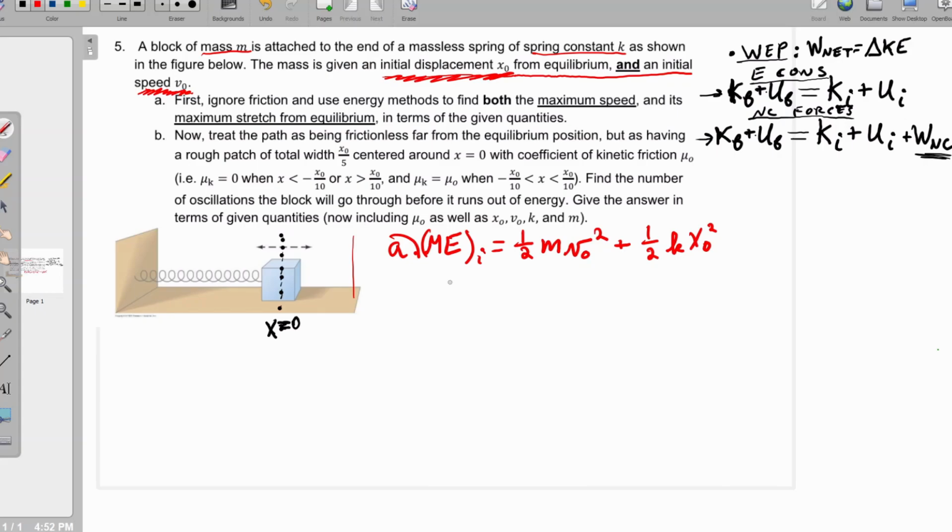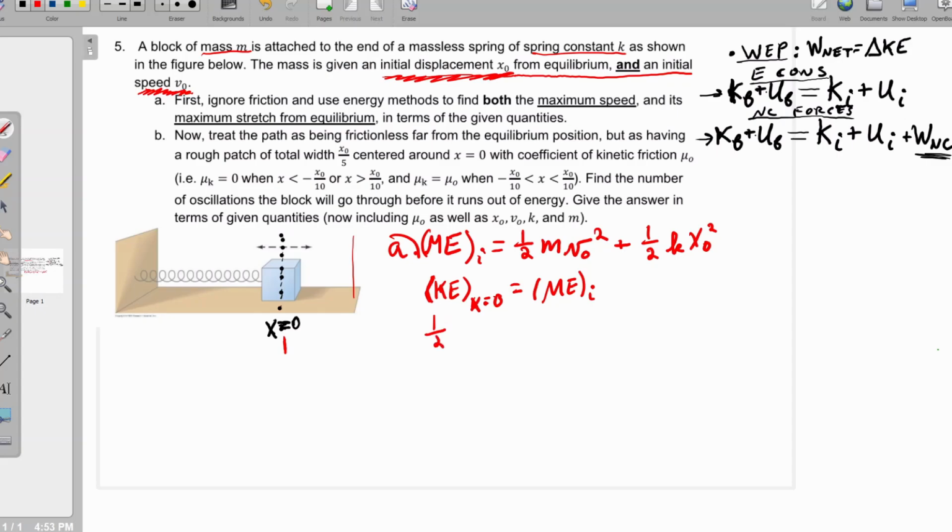So that will be at this location here, and I also know that the kinetic energy here is going to be the only portion of the mechanical energy, right? The kinetic energy at the equilibrium point at x equals 0 is going to be equal to the initial mechanical energy, because energy is conserved.